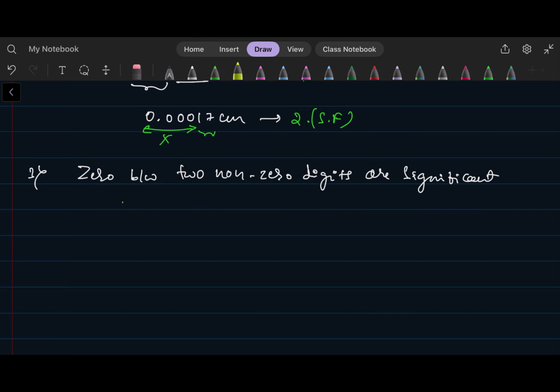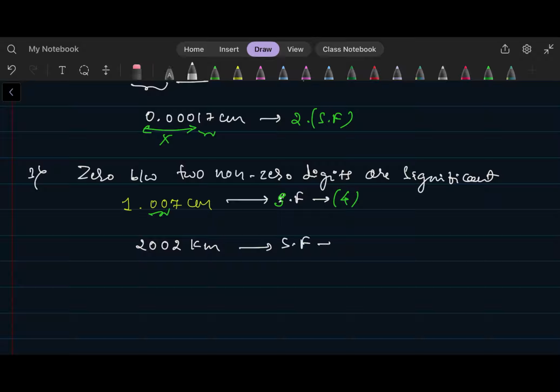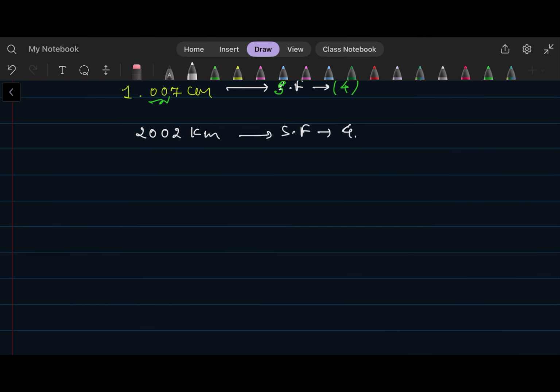For example, 1007 centimeter: the 0 is present between non-zero digits, so you have to include those zeros also, and the significant figures for this is 4. Next, 202 kilometer: the significant figures is going to be 3, because the 0 is also considered since it is present between the non-zero digits. This is rule number 3.